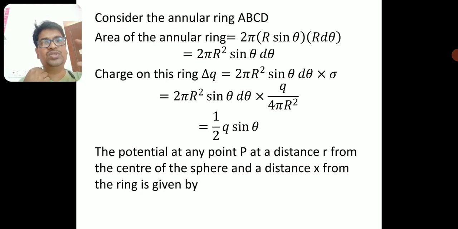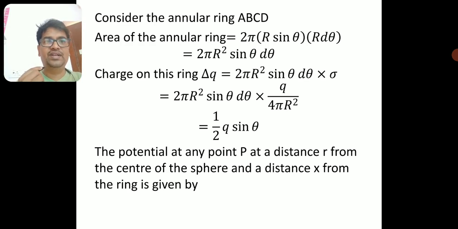So it is Q sine theta divided by 2. Of course, there is a d theta multiplied with that. So half Q sine theta d theta is the charge present on the annular ring, which I have considered ABCD.